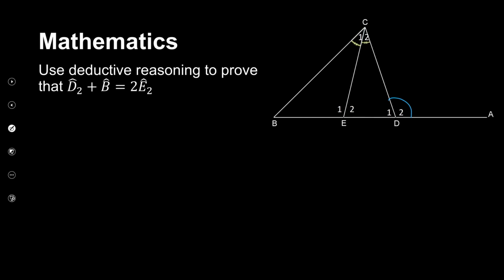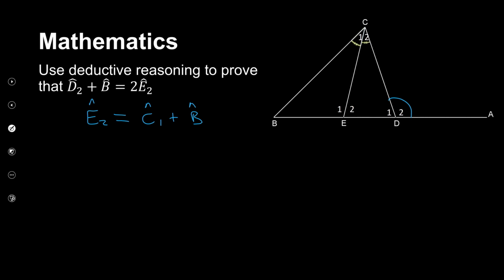So what do I know about E2? My plan of action is to use E2, because I know that E2 is equal to C1 plus angle B, and then I want to make B the subject of the formula.